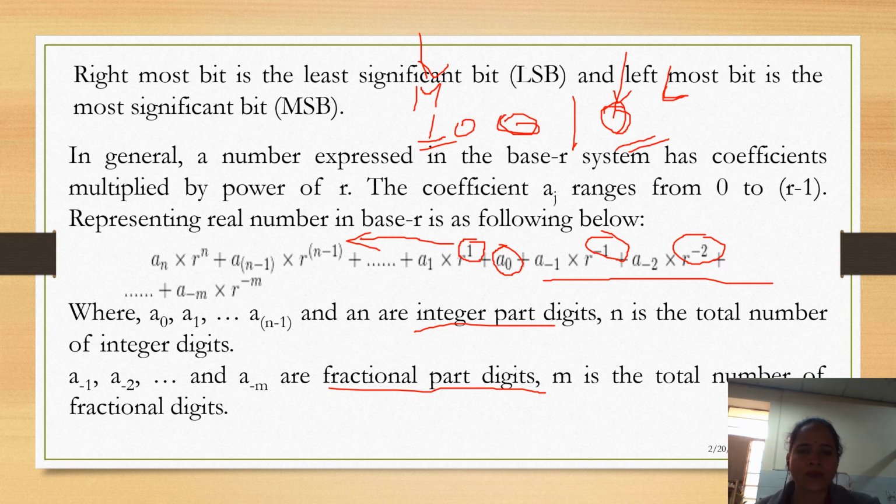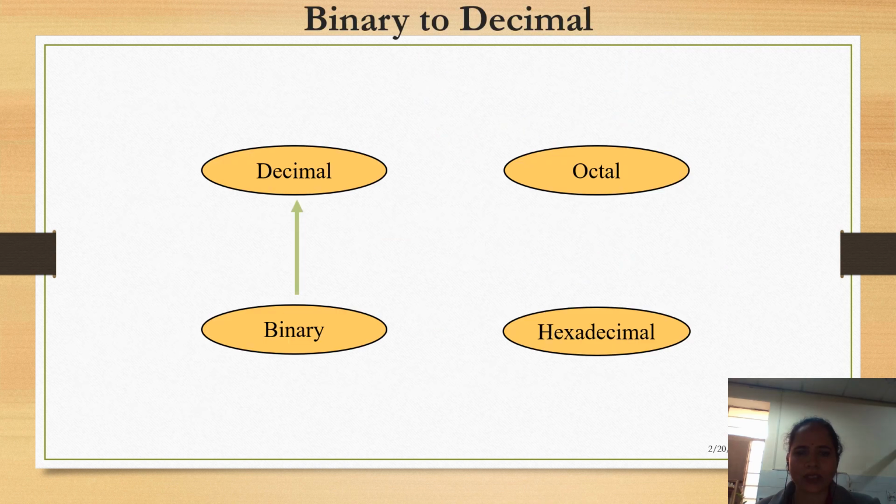In the integer part, the power starts from 0. Here you can say r to the power 0, which means 1, so there is no need to represent r to the power 0; we directly pick the number itself. So in the integer part, the power starts from 0 in the +1 direction.